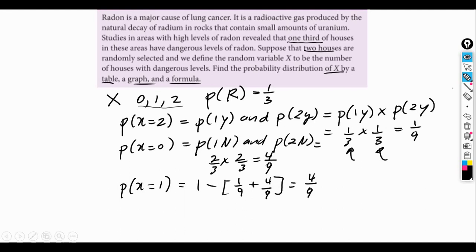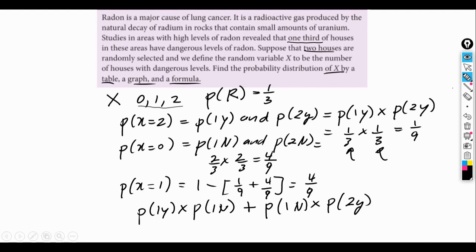Now, what would have been the other way of doing this? Well, the other way of doing this would be the probability of finding high levels of radon in the first house and not finding high levels of radon in the second house, or not finding high levels of radon in the first house and finding high levels of radon in the second house.